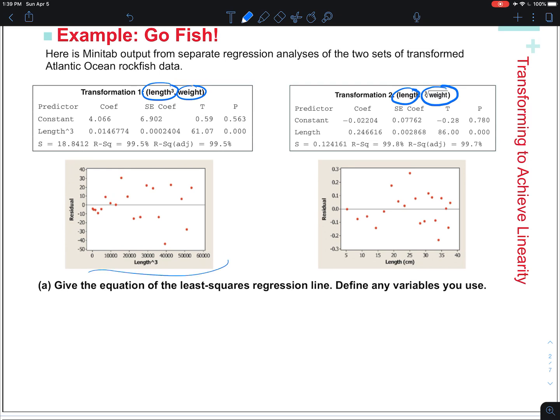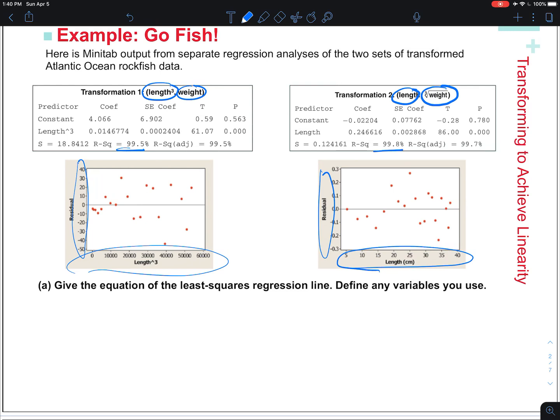But you'll notice that if you cube the length, well, that scale is dramatically different. And the residuals are much bigger. Versus over here, if you cube root the weight and length stays fixed, these residuals are much smaller. So the scale of everything's going to change. Not to say one is necessarily better than the other. These R squareds are both very strong positive linear relationships. So we're fine in either parameter.